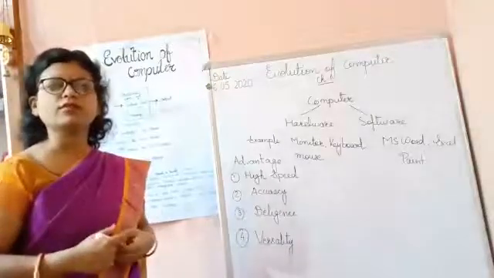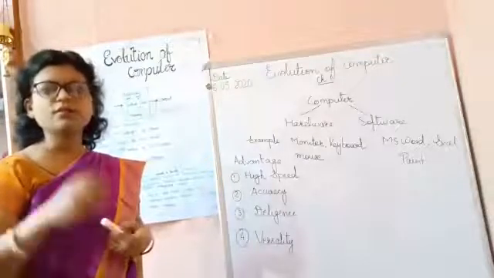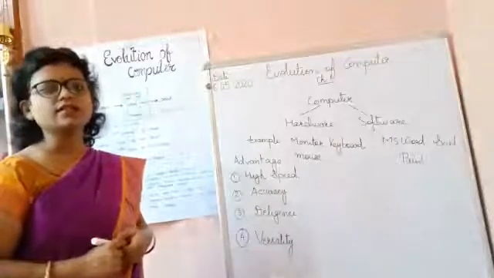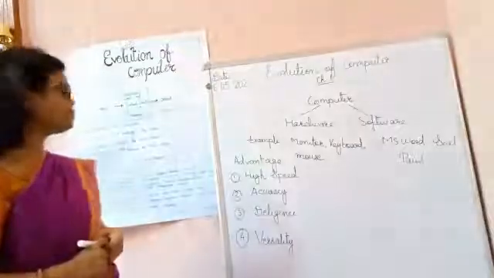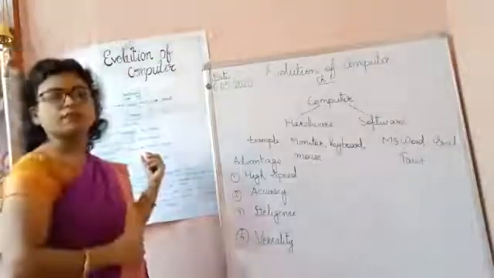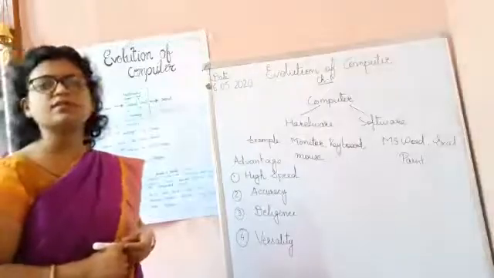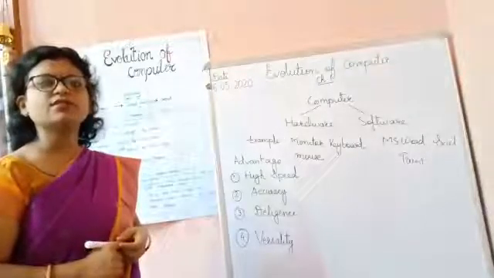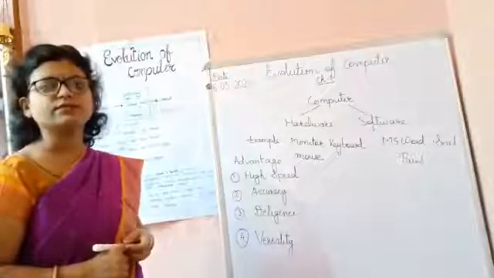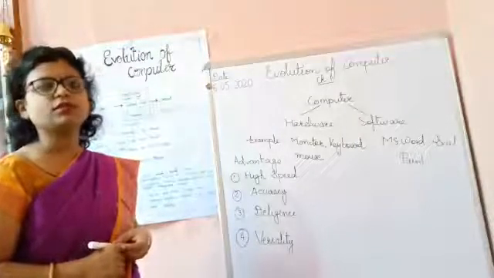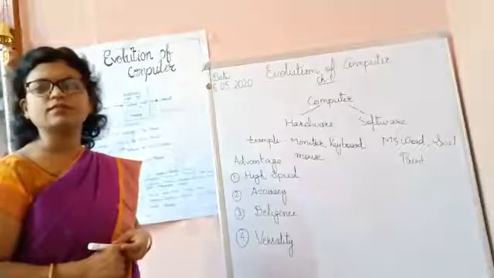By up and down movement of rods or balls, we can do addition as well as subtraction. But only addition and subtraction, not multiplication and division. So calculation was a little bit tough. People felt uncomfortable and could not do the work fully.